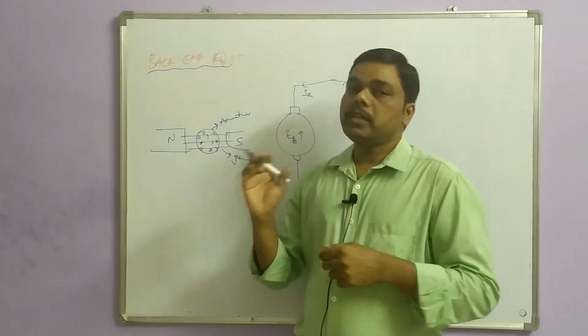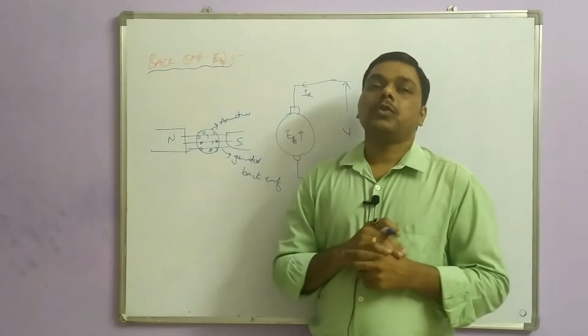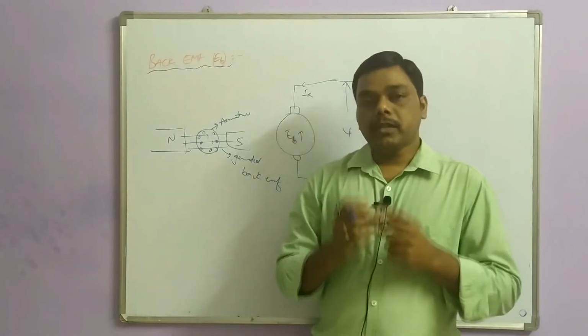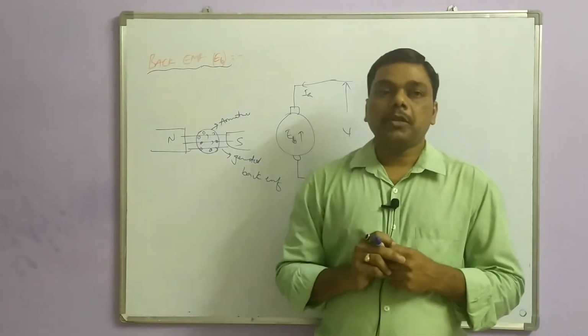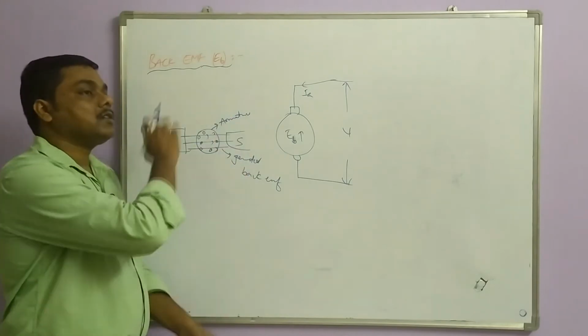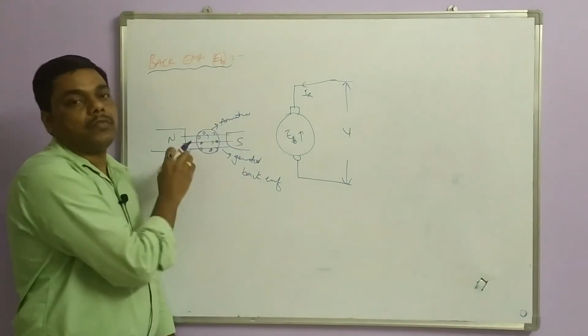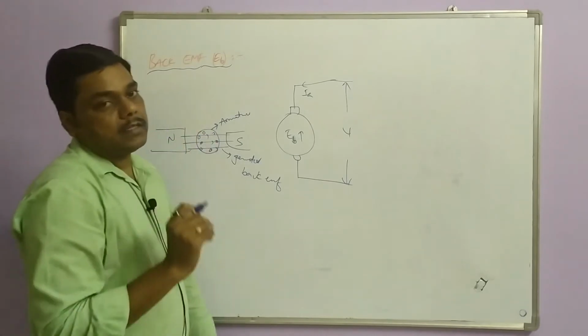So what is meant by back EMF? It is the generated voltage in a DC motor that is opposite to the supply voltage. And what is the reason for back EMF production? The main reason is that the armature conductors rotate in a magnetic field.